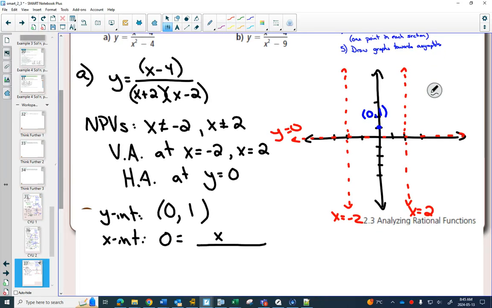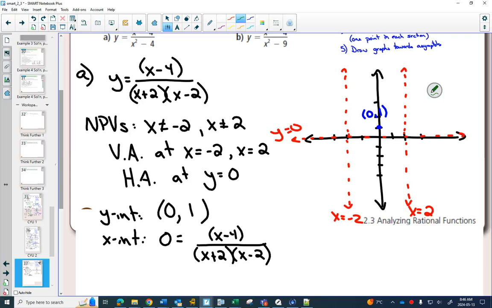Next, my x-intercepts, that's where you plug in 0 for y. In your original equation, and we've talked about this in our other examples, you could solve this by getting rid of your fraction first, multiplying both sides by x plus 2 and x minus 2. That would get rid of the bottom on the right-hand side, and when you multiply the left, which is 0, by anything, it's going to stay 0.